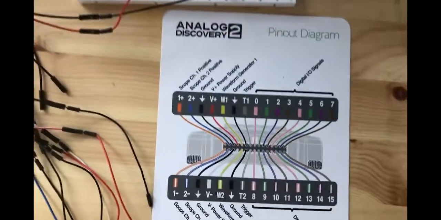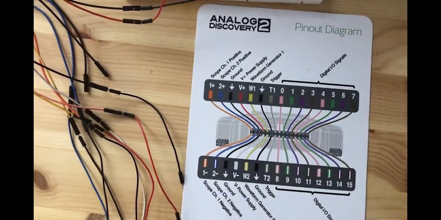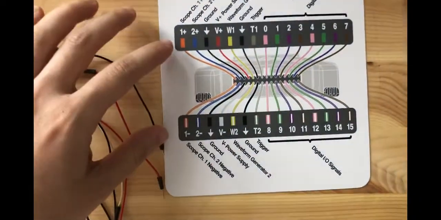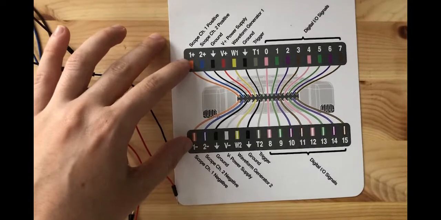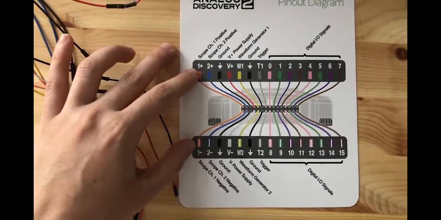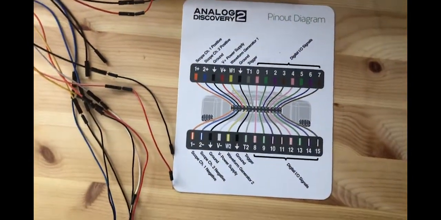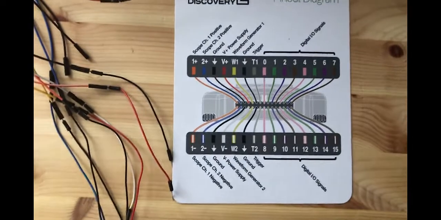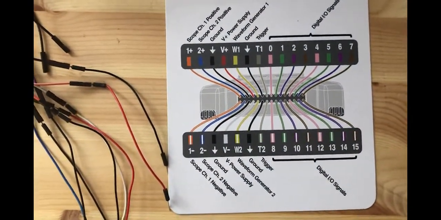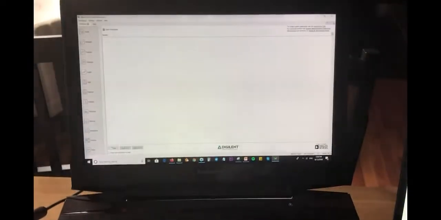As you can see here, the input and output terminals of the Analog Discovery 2 have been labeled. The first two, the orange one and the orange one with a white stripe, are used to work with the oscilloscope, which means when you want to see an output waveform on this software.